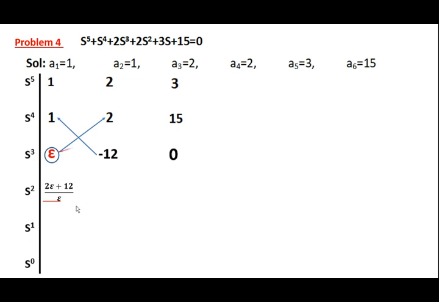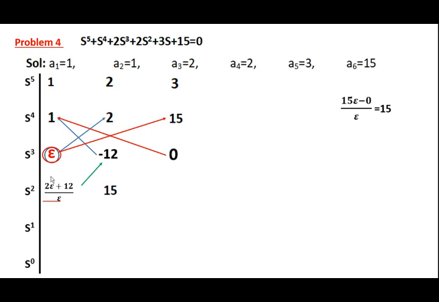After that, epsilon into 15, that is 15 epsilon, minus 0, divided by epsilon. So 15 epsilon minus 0 is 15 epsilon itself, divided by epsilon, epsilon will get cancelled. The remaining value is 15. So you can write 15 here. And then there is no next element, so you can put 0.